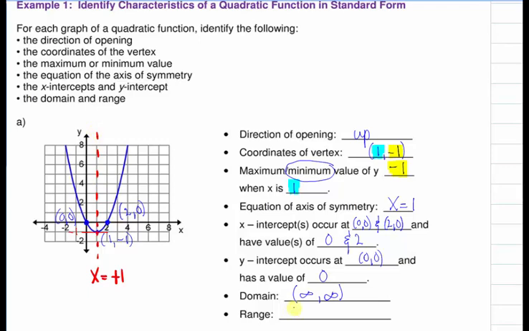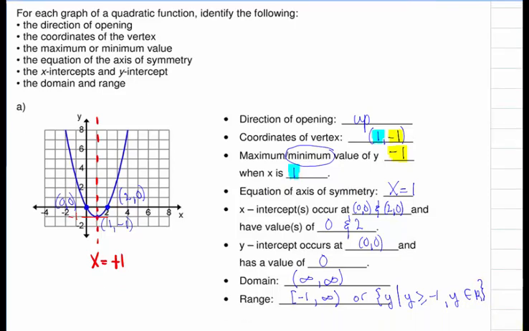And so we can write that using interval notation as going from -1 to infinity. Okay, and of course the other way you can write this is with set notation, where y is greater than or equal to -1, and y is an element of real numbers.